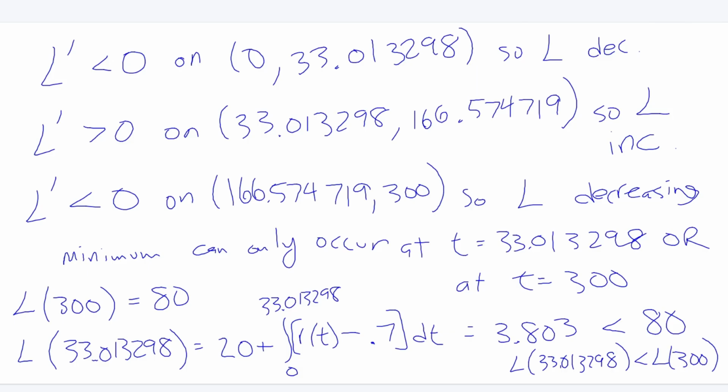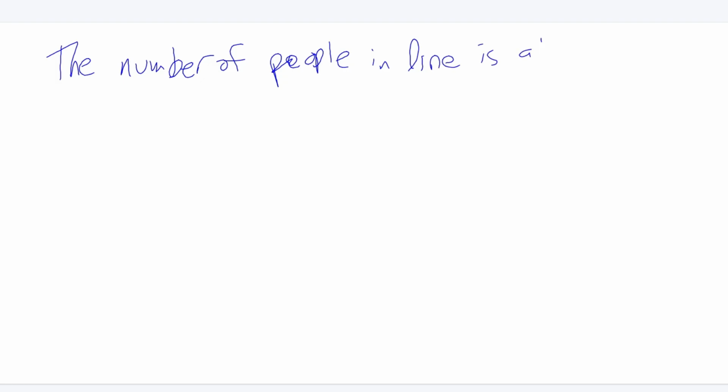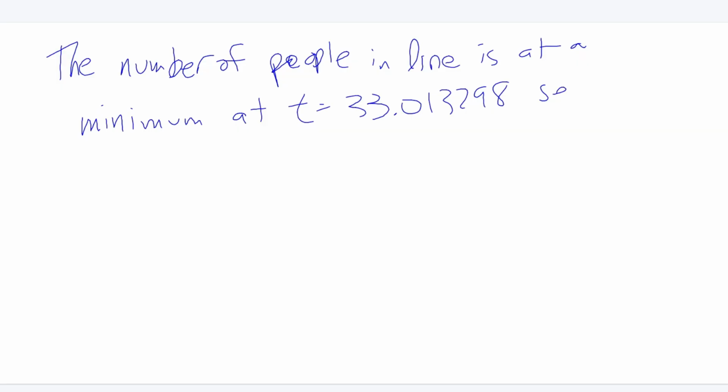And so we still need to state that we'll say something like the number of people in line is at a minimum at t equals 33.013298 seconds when there are 4 people in line because it said to round to the nearest whole person.